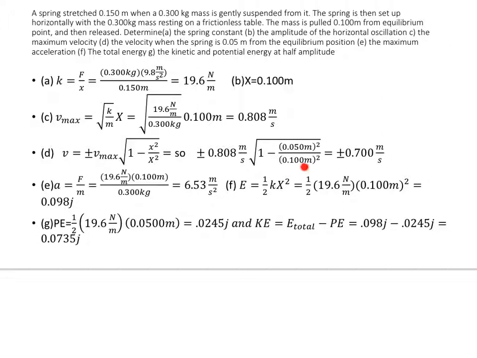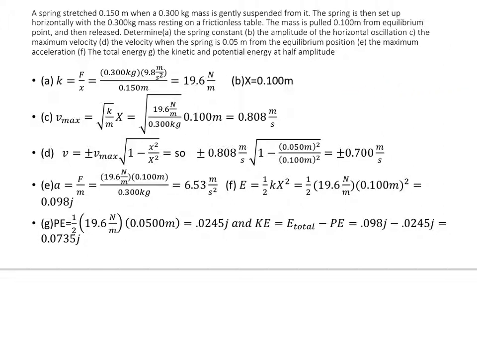Capital X is the amplitude, 0.1, and this is plus or minus 0.7 meters per second. Remember, that's plus or minus because it's going to go through that point moving to the right, and then as it comes back to the left. So as it moves to the right, the velocity will be positive, to the left it will be negative.